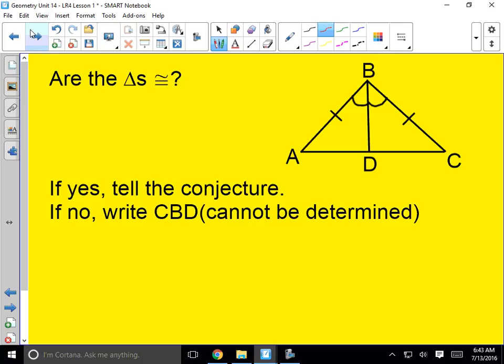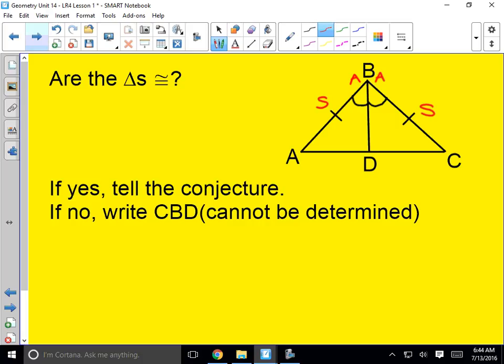Okay, so now let's work through a few examples here so you can get to see how this process works. When we're looking at this situation, we can see based on tick marks, we have a side and a side. Up at the top, we've got an angle and an angle.